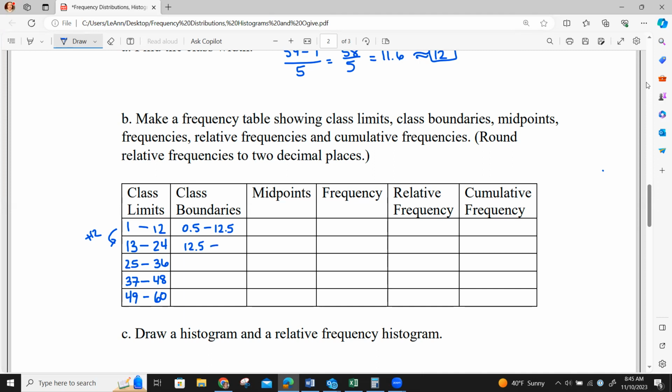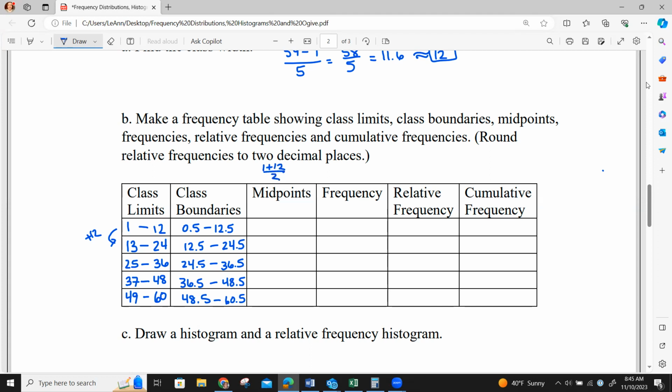And then the half step up would be 24.5. 24.5 to 36.5. 36.5 to 48.5. 48.5 to 60.5.